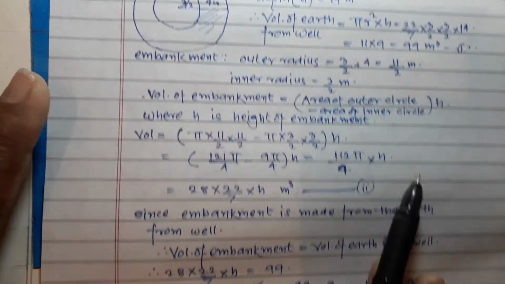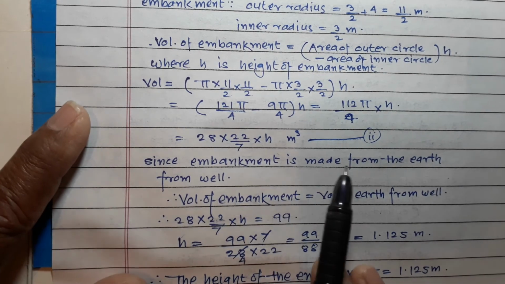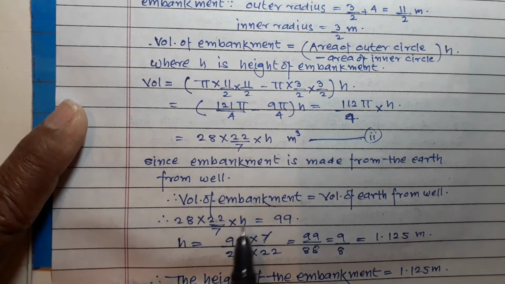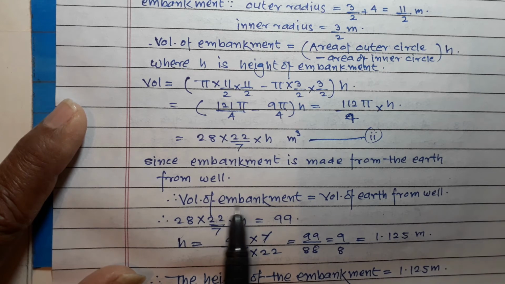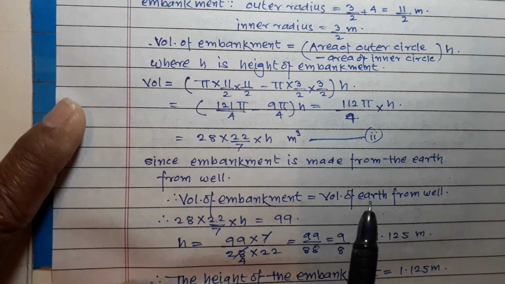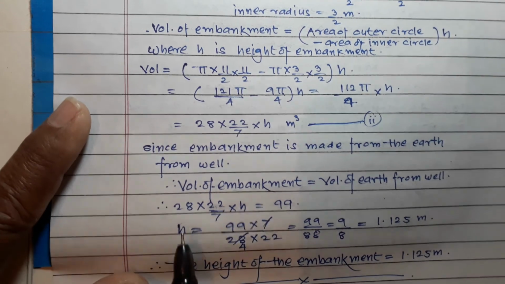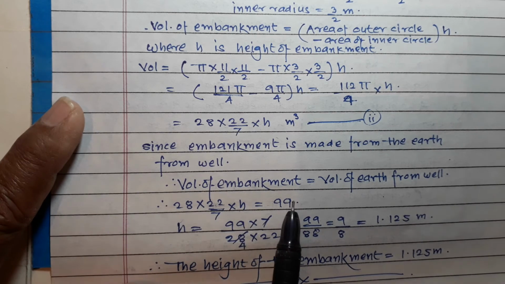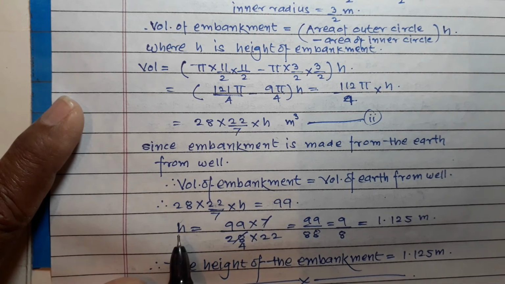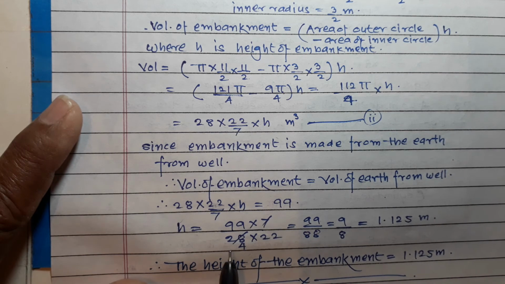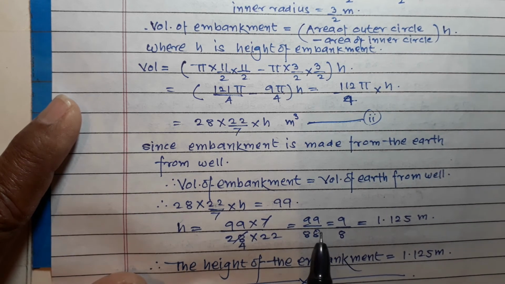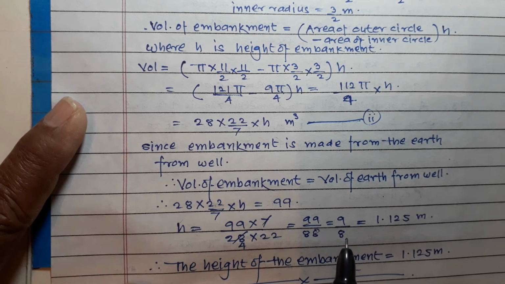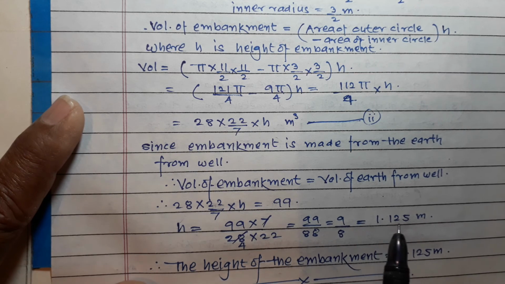Statement number 2. Since the embankment is made from the earth from the well, the volume of the embankment is equal to the volume of earth from the well, and therefore 28 into 22 upon 7 into h is equal to 99, and hence h is equal to 99 into 7 upon 28 into 22, is equal to 99 upon 88, is equal to 9 upon 8, is equal to 1.125 meters.